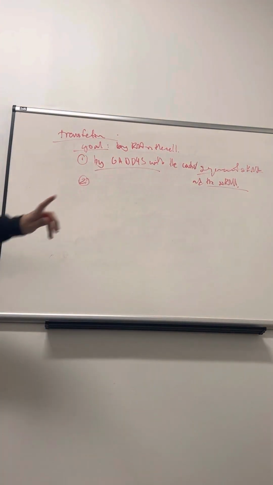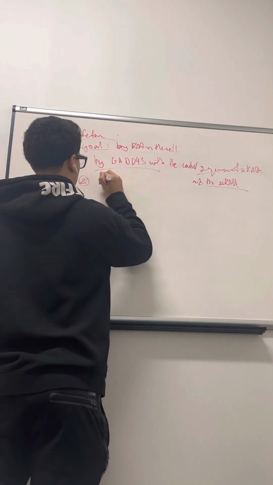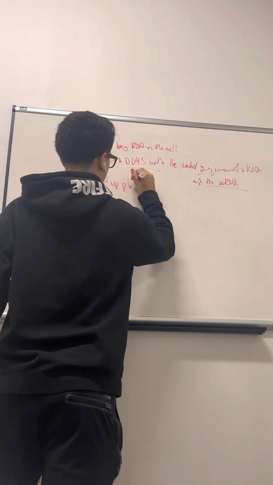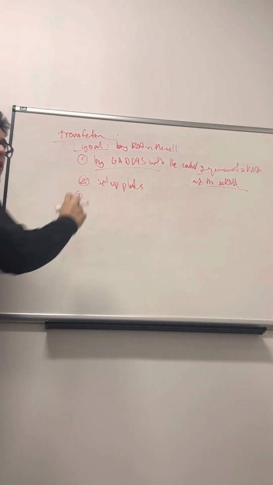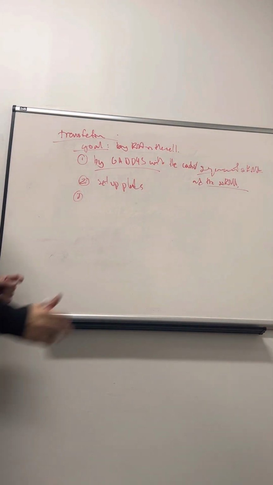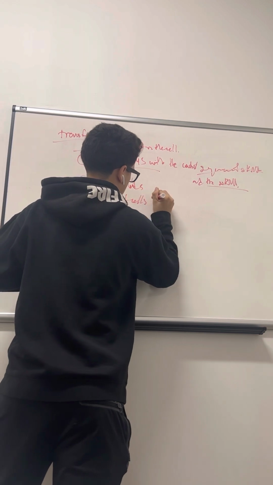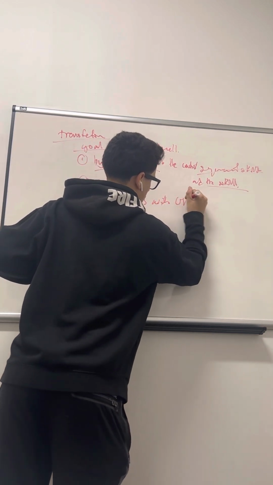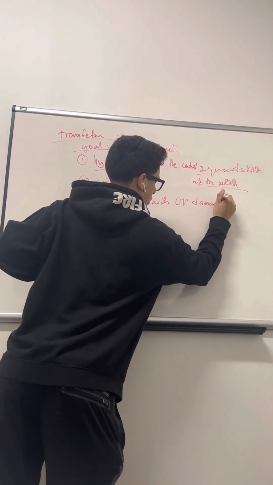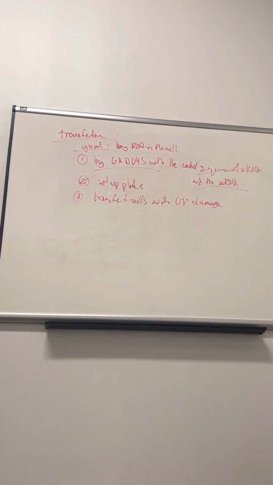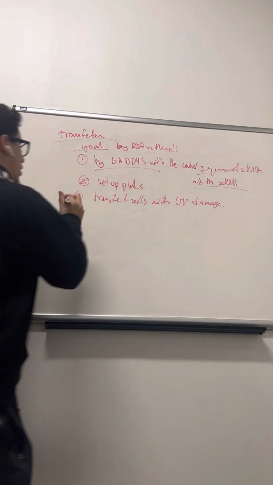After we put that all together, we set up the plates because we're in a laboratory after all. And after we set up the plates, we're gonna transfect the cells with the UV damage. After the cells are transfected, we collect the RNA through PCR.